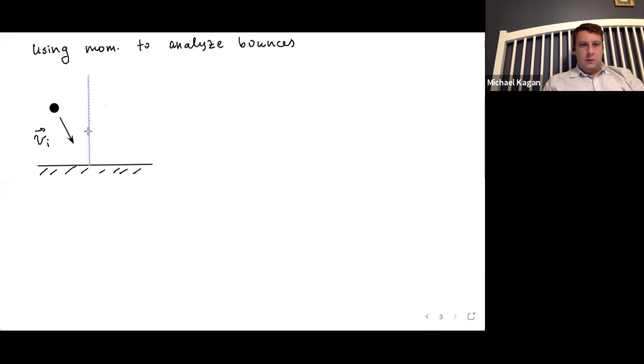This is the normal. So it hits and then bounces back. This is theta initial, and this is theta final. This is velocity final.